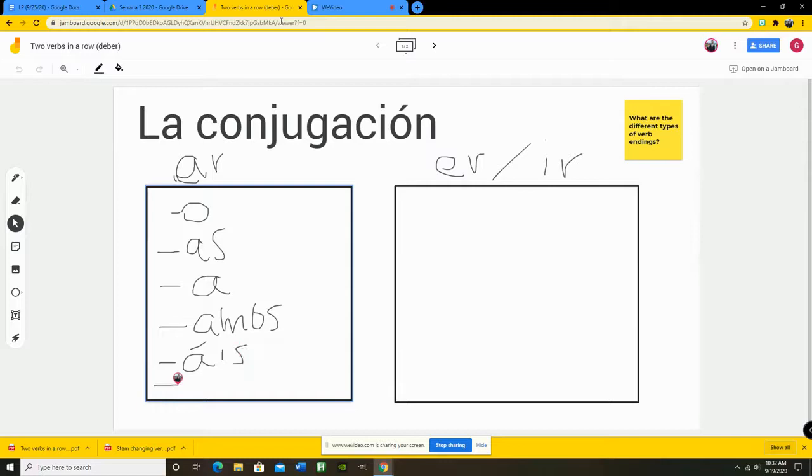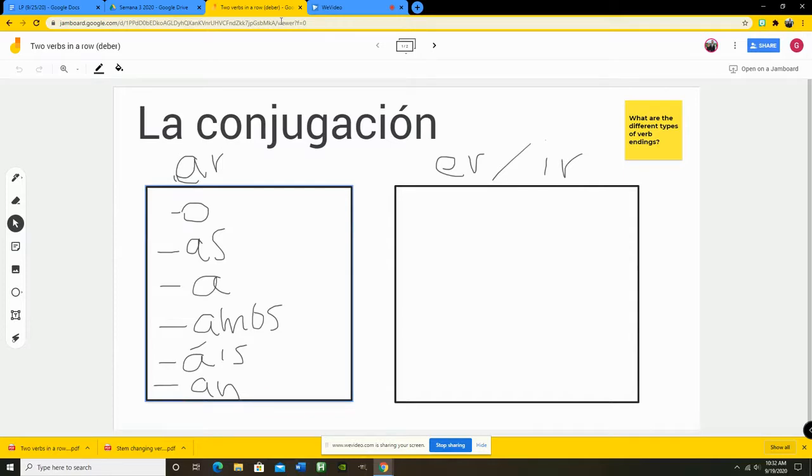And those are our verb endings for the various people. Yo, tú, él, ella, nosotros, vosotros, and ellos.